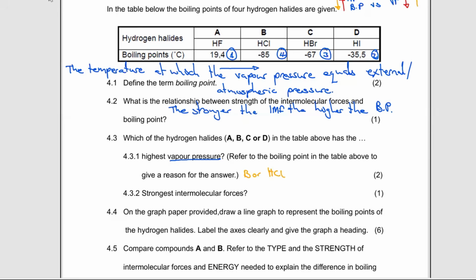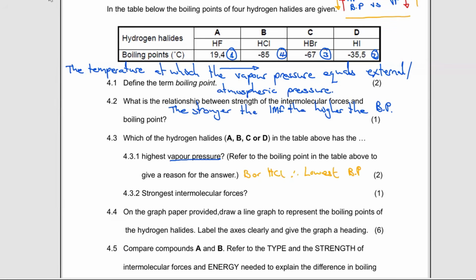Okay. So now we've been asked to give a reason for this, right? The reason is that this has got the lowest boiling point. Remember, vapor pressure is inversely proportional to both melting point and boiling point, as I've already shown at the top.